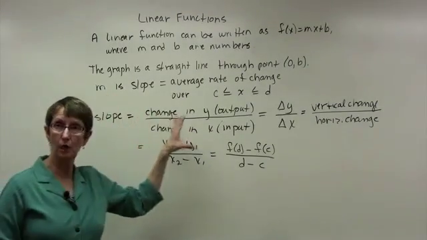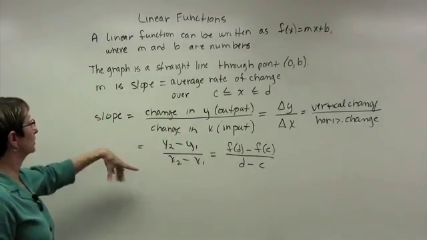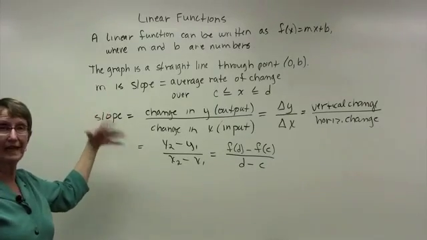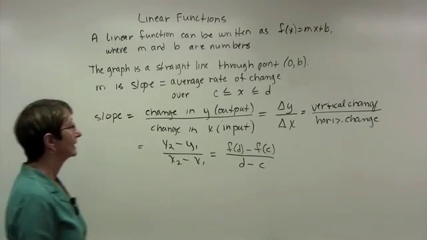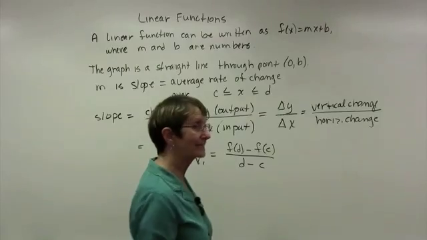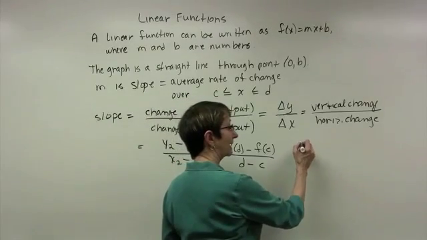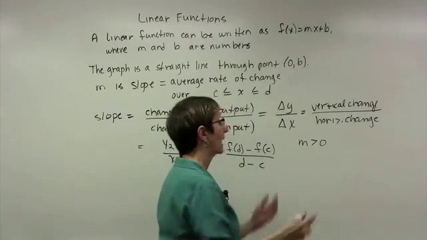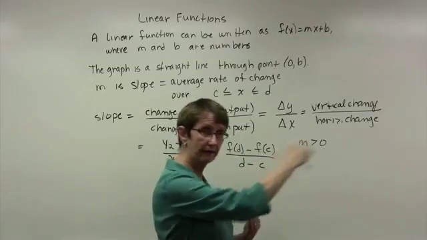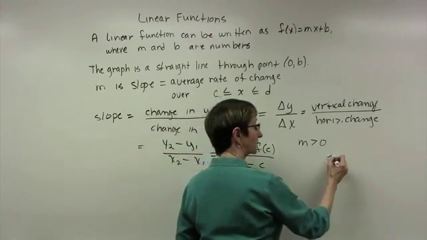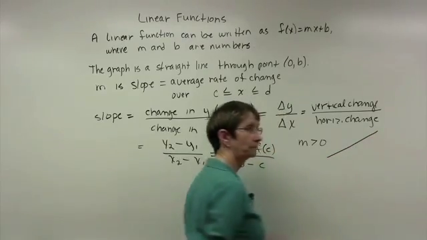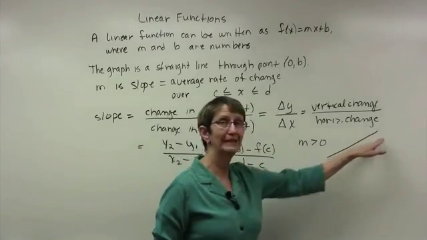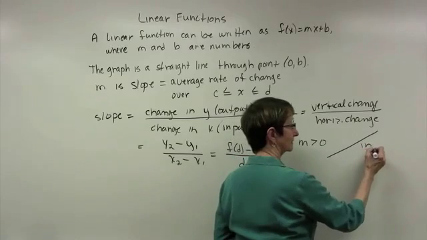When we talk about slope, slope could be a positive number, a negative number, 0. So let's think about the lines that go with those slopes. If m is positive, my line, reading from left to right, a positive slope would go up. So my line would increase.